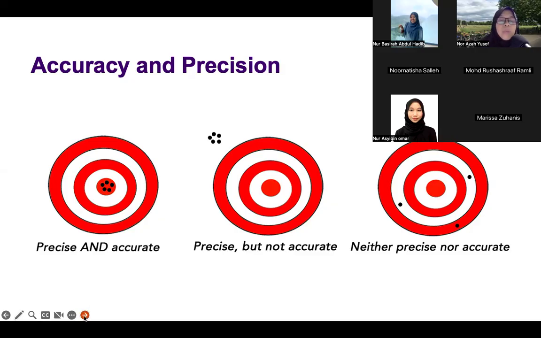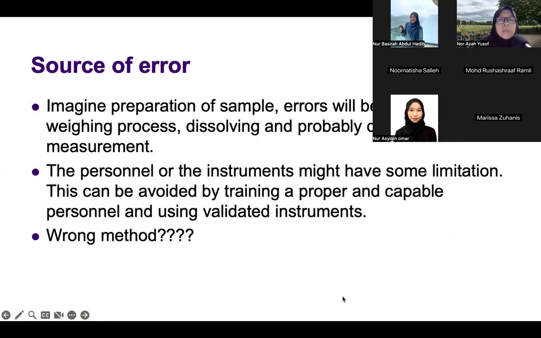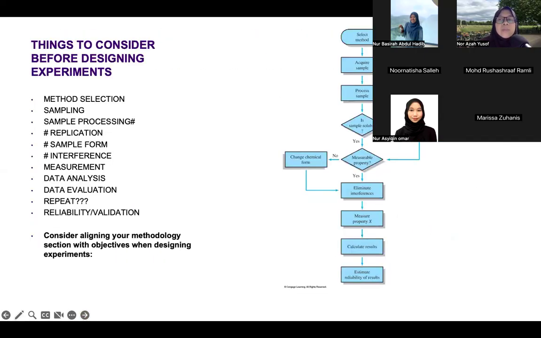So when you do measurements, you have to look at the data, whether you decide to proceed or to repeat. Remember this flow chart. You need to decide whether to proceed or to repeat.